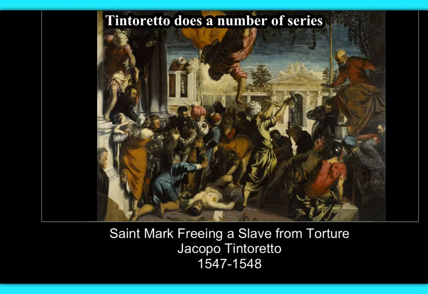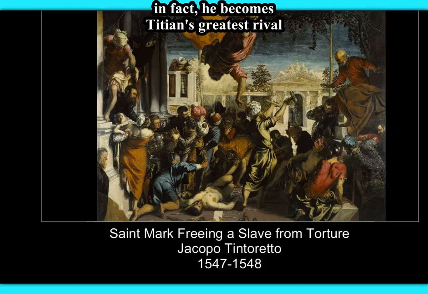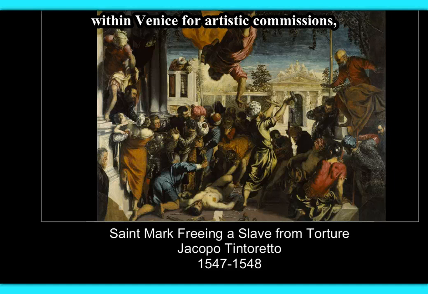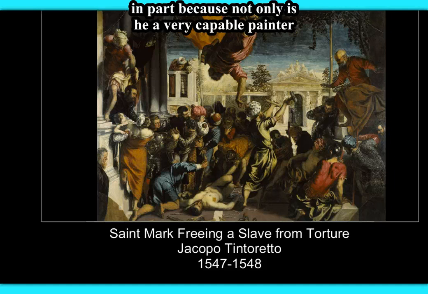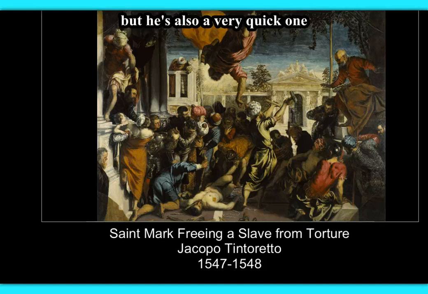Tintoretto does a number of series of paintings for the scuole. Tintoretto becomes so popular, in fact, he becomes Titian's greatest rival within Venice for artistic commissions, in part because not only is he a very capable painter, but he's also a very quick one and would complete works much, much faster than Titian would.